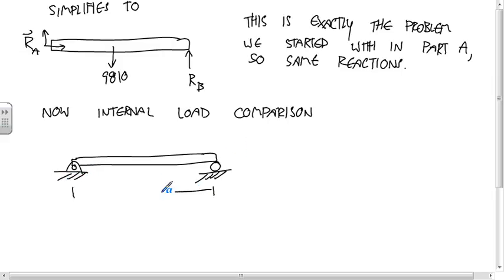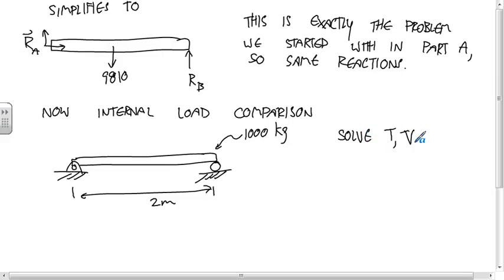Where this is 2 meters. The mass is 1,000 kilograms. You're going to solve the internal loads, so the tension, the shear force, and the bending moment. First, assuming that the weight is concentrated at the centroid.